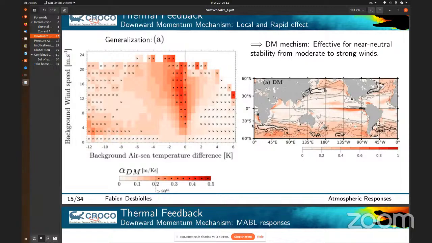It's very important also for upwelling systems. So we see a big signal in Benguela, for example, or Canary, which is not surprising because we know that with the cold water from the upwelling, we get close to neutral stability of the atmosphere.